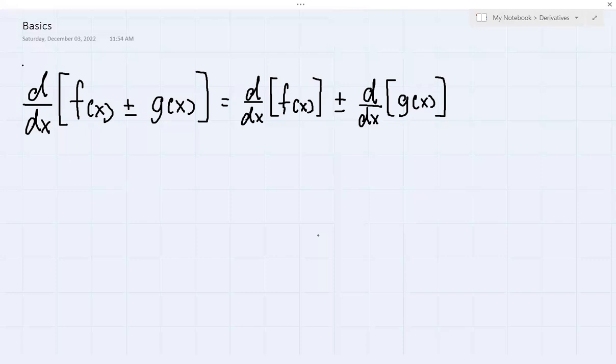Kasi this is one of the fundamental rules of differentiation na dapat alamin. Okay? So, this one, since nasa basics pa lang tayo, we're going to focus on the given algebraic terms. Okay? Algebraic terms or algebraic expressions rather. Kasi yan yung dinescuss natin noong first part.